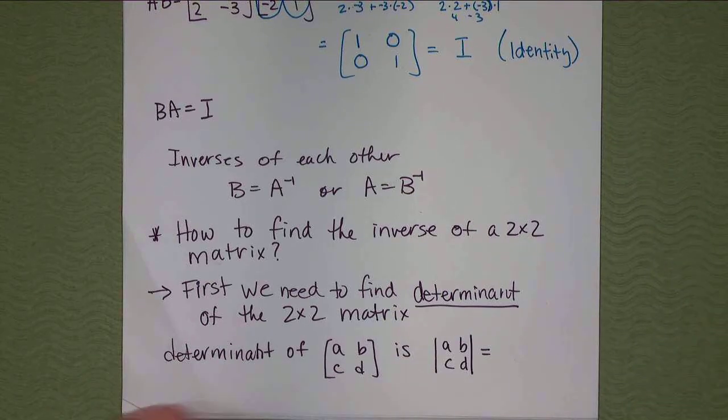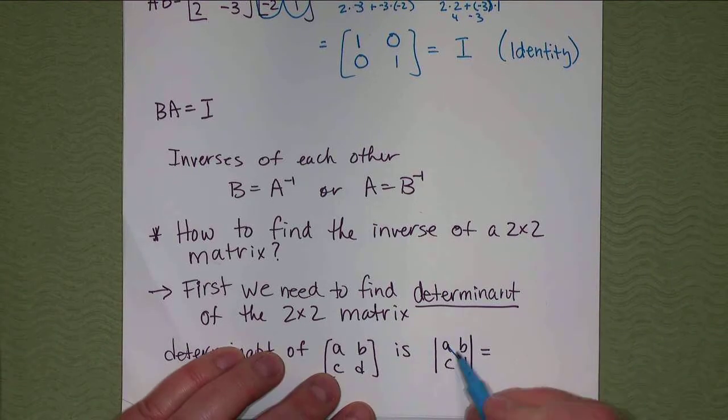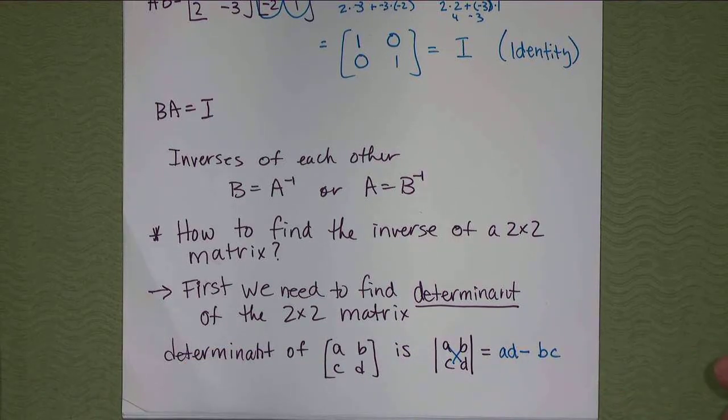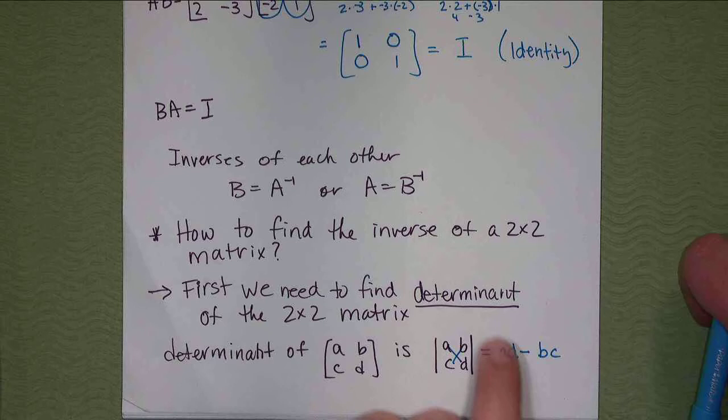What did we do? Right, A times D minus B times C. That number is called the determinant. So we used that determinant technique when we found the cross product earlier. When we wanted to find the cross product of 2 vectors, we put them into a matrix, and then we did the little cross products of them. So that cross product is actually the determinant.